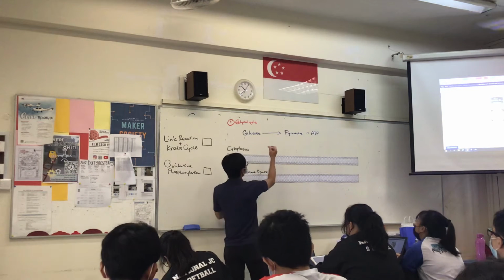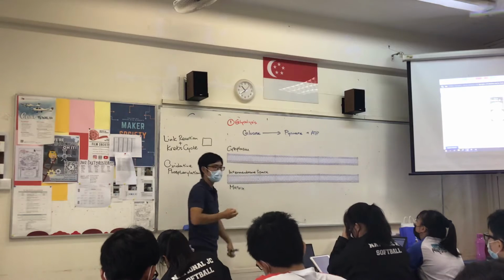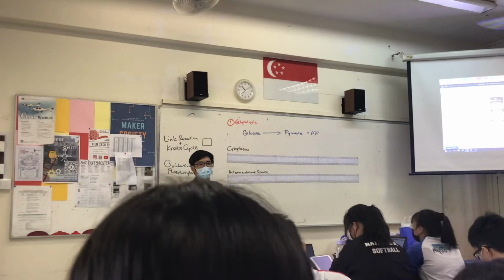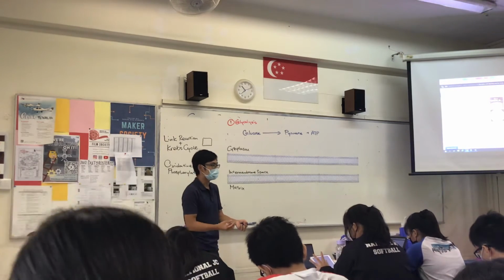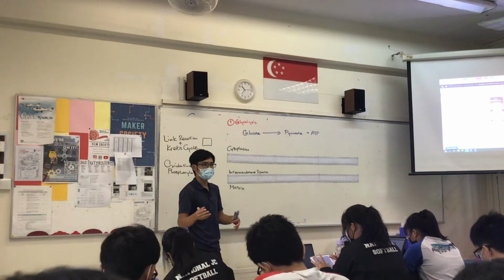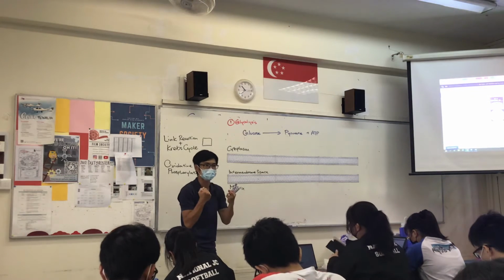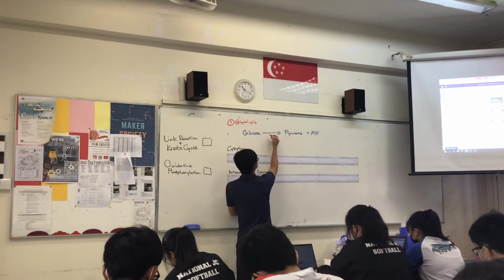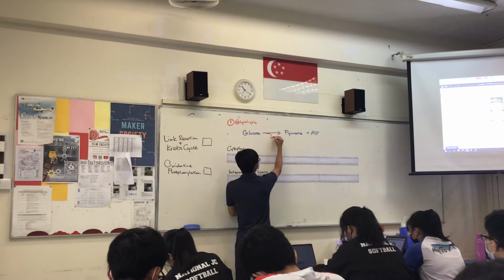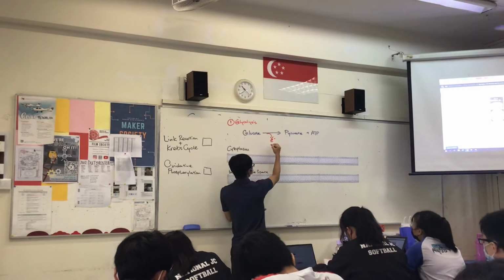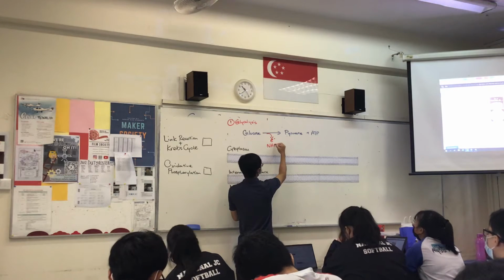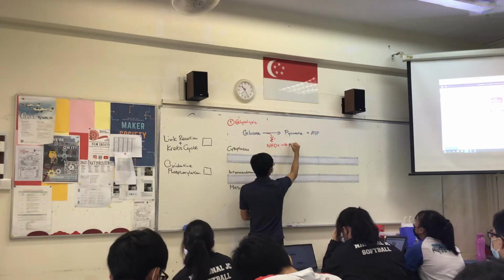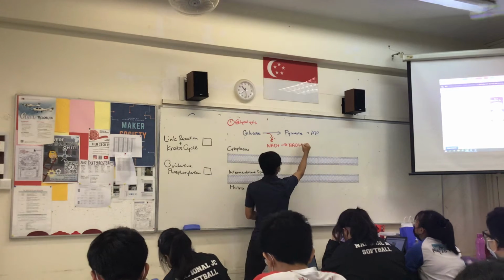One thing we mentioned yesterday was that at the end of the day, cellular respiration is ultimately an oxidation process. We want to extract as many electrons as possible from the glucose. So that's essentially what we've been doing. First step, we extract some electrons, and these electrons go into NAD+ to form NADH.